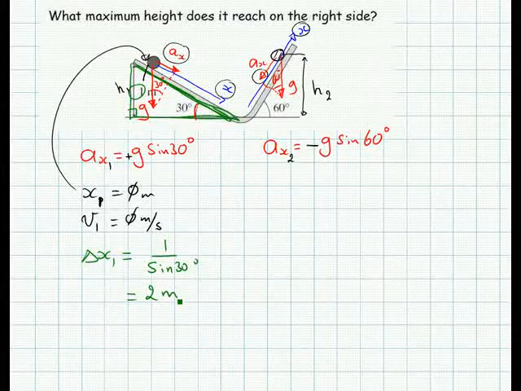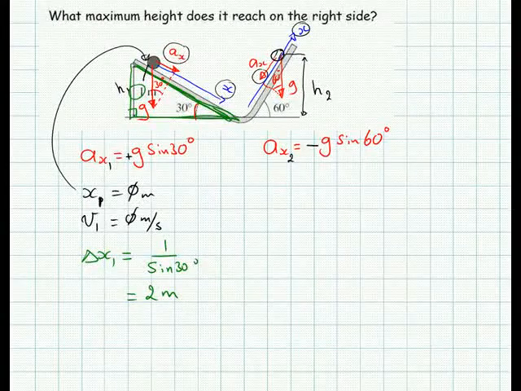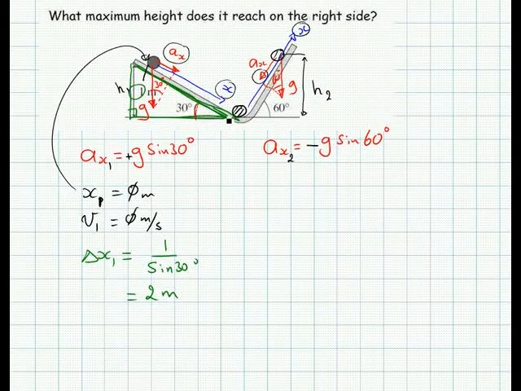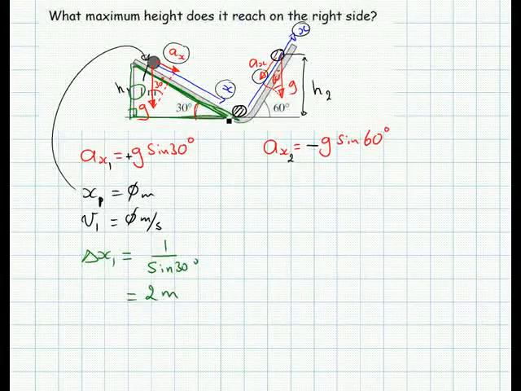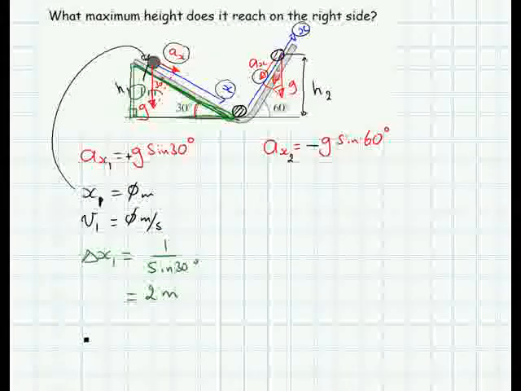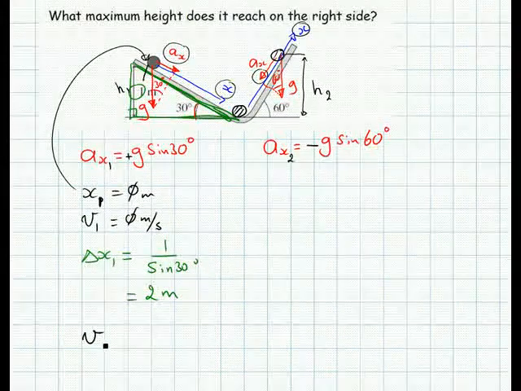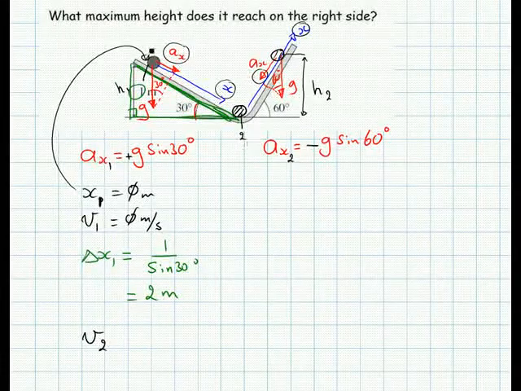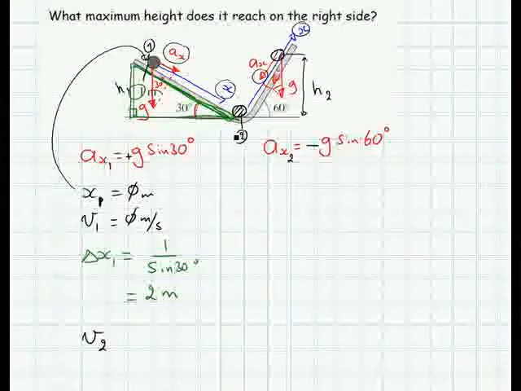Now I can calculate the final velocity that the object has at the bottom of the ramp, let us call this v2. This is position 2, that's position 1.